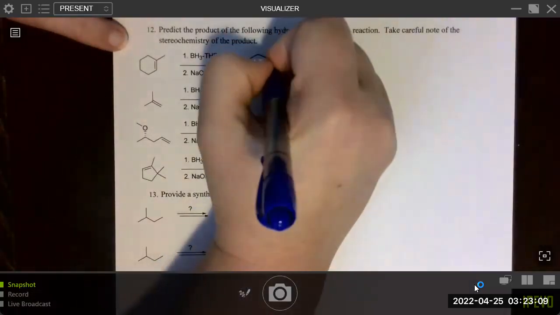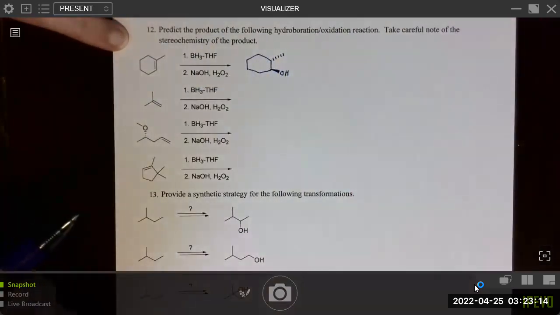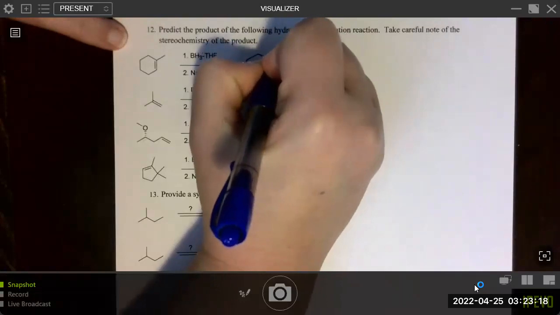So you can add in the up hydrogen here if you want, or it can be left off. So we'll just draw it both ways, right?